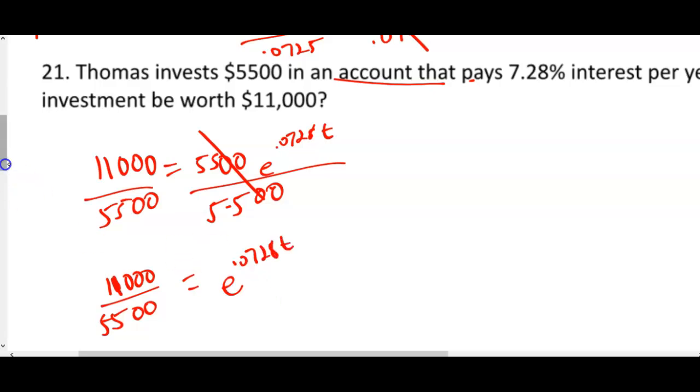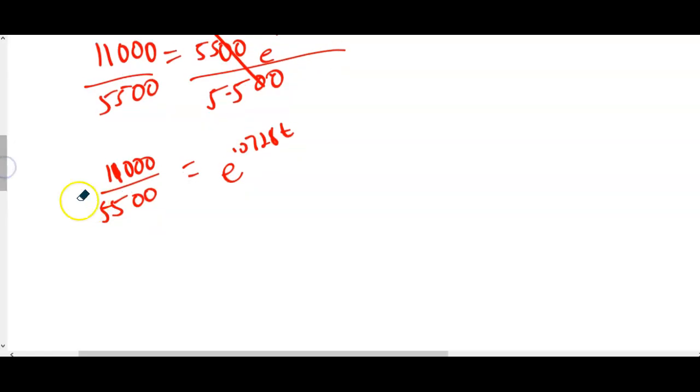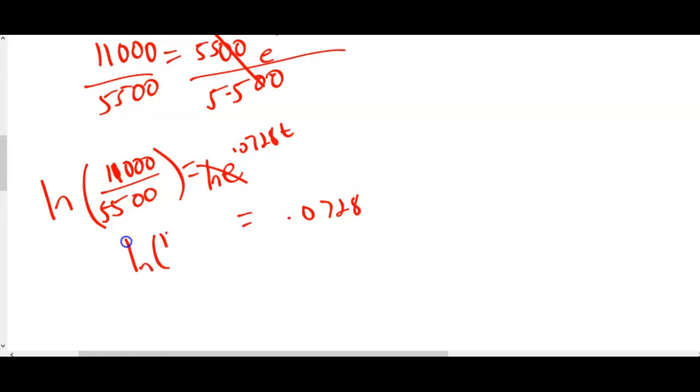And so again, we need to get rid of e here. So we're going to apply the natural log to both sides. So 0.0725 equals natural log of t. And so now we're going to divide this out.